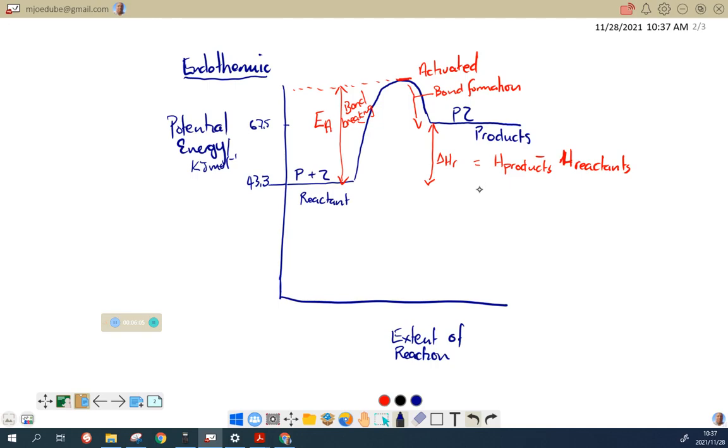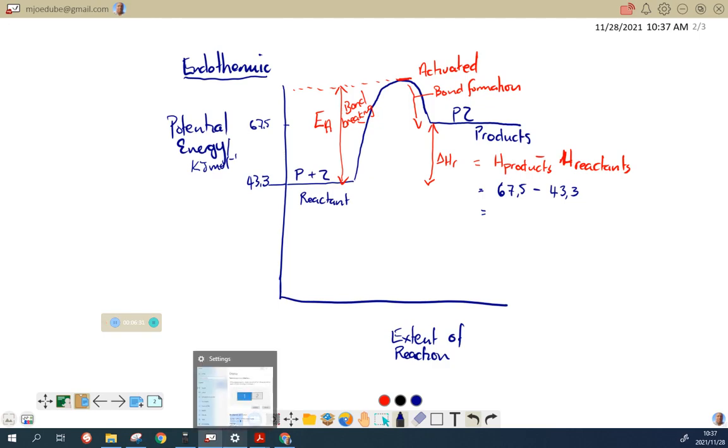So how can we conclude whether energy is absorbed or released? We look at the energy content of the products, 67.5, minus the energy content of the reactants, 43.3.